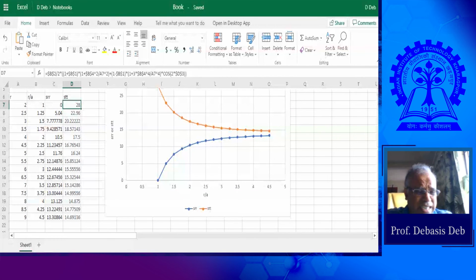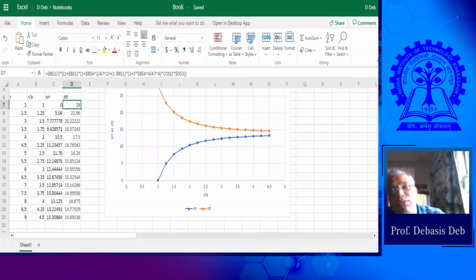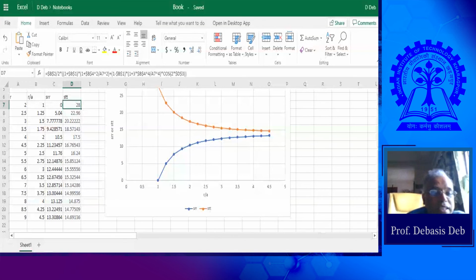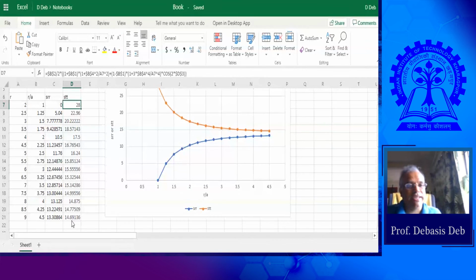Still, I should have gone up to 10, then it is 5 times. But you are seeing the trend, it will go towards that only. Say one is becoming 13.3, another is becoming 14.69. So very quickly it is falling down. So you understood this part.